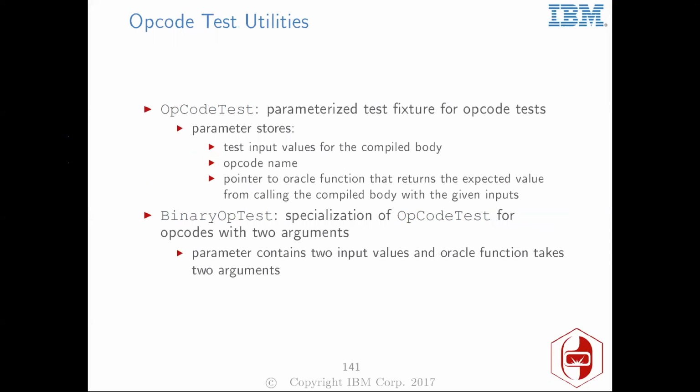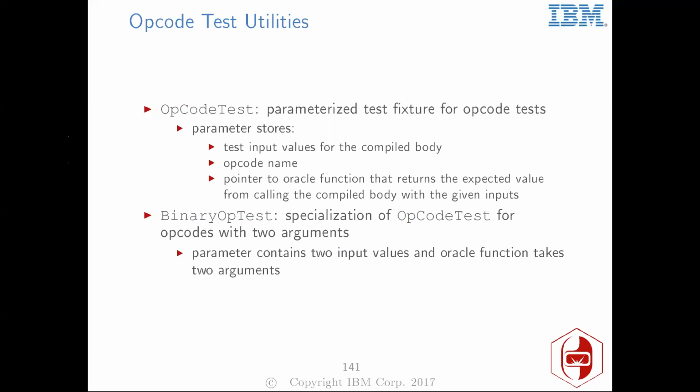So the two most important utilities we have are the opcode test parameterized test fixture class that is going to encapsulate several different things into the test parameter for us. What will go into the test parameter are test input values to the compiled body, right?